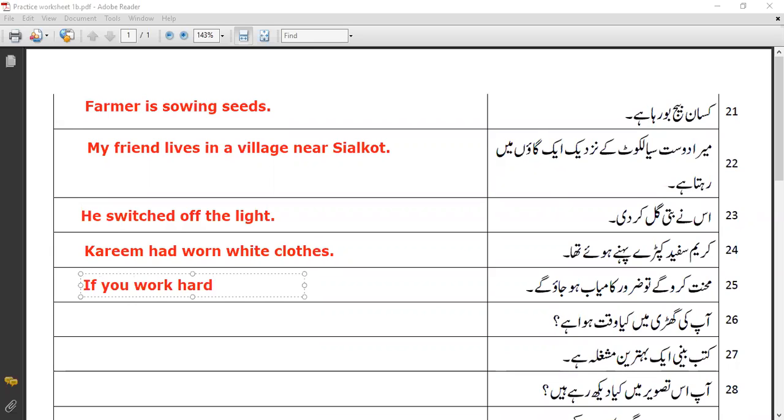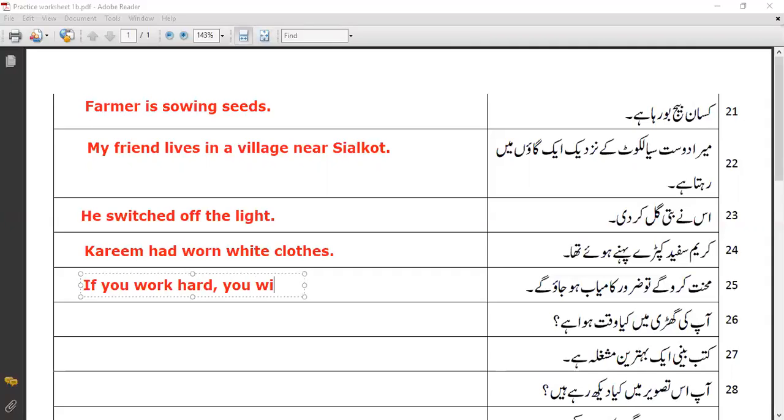Now you work hard, basically the if, because it's a conditional sentence, so you are supposed to write if, and after that the part of the sentence which you write is going to be simple present. You work hard. If you work hard, तुम जरूर कामयाब हो जाओगे.